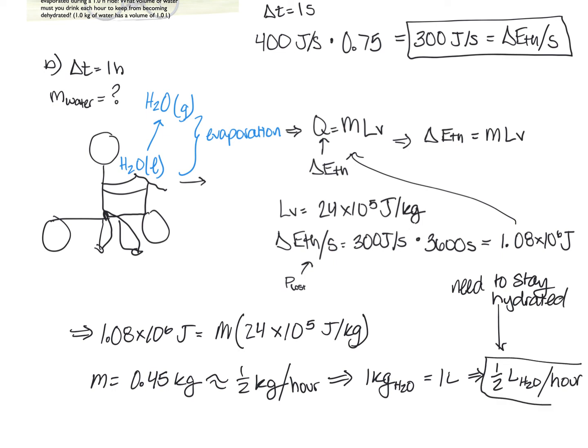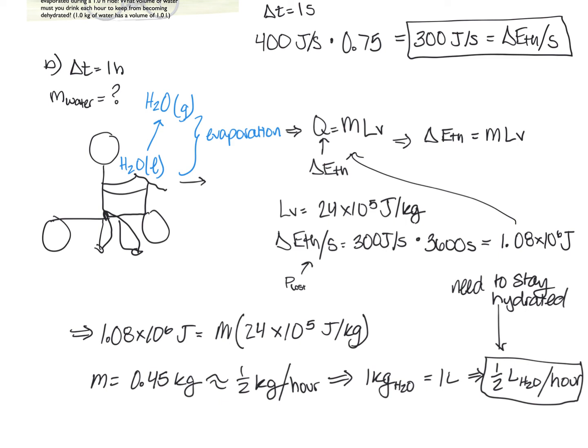And I would say, you could look up how many liters are in a gallon, so maybe we'll do that just to compare this. We'll say liters to gallon, and I'm just using Google for this.